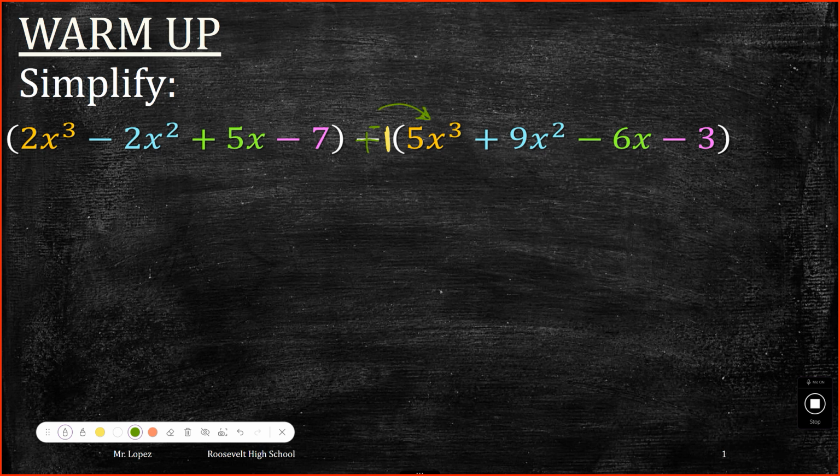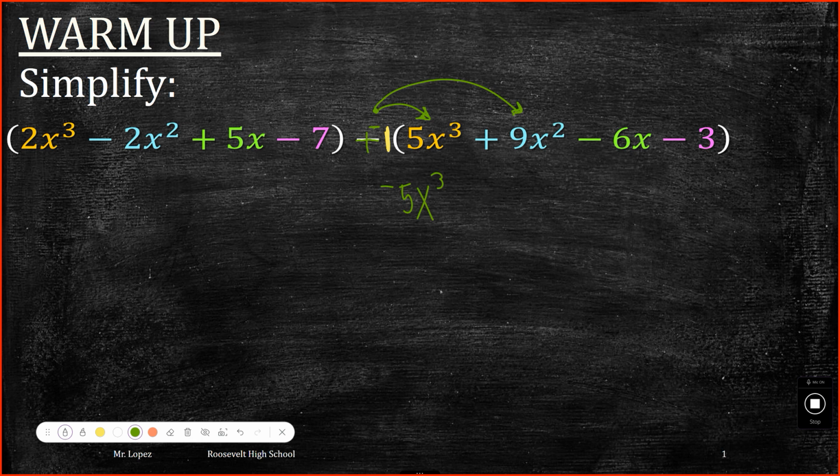And we're going to multiply negative 1 times positive 5x to the third. That is negative 5x to the third. We're going to distribute negative 1 times that positive 9x squared. All it does is change the sign.